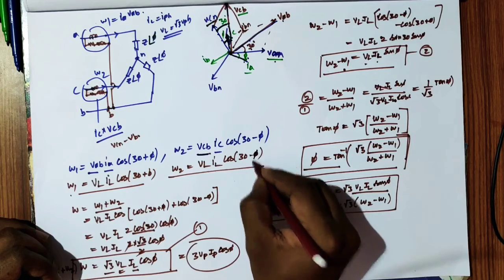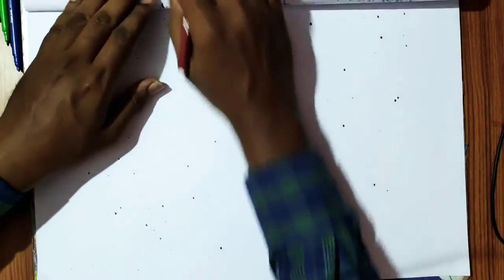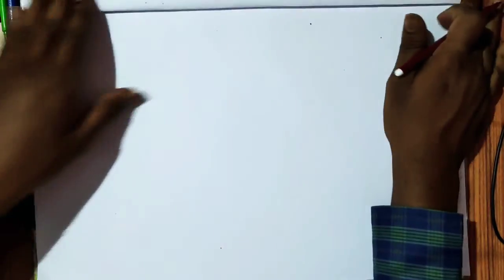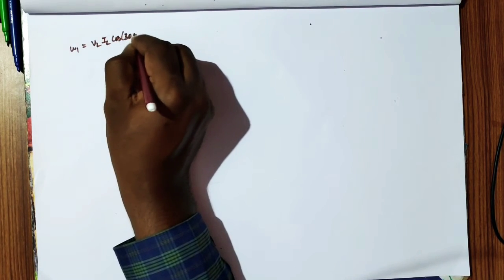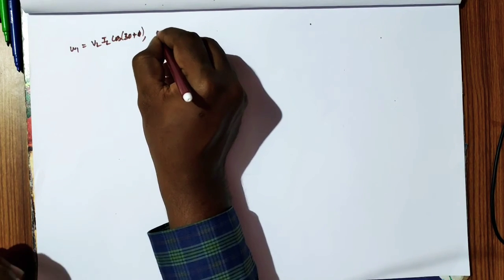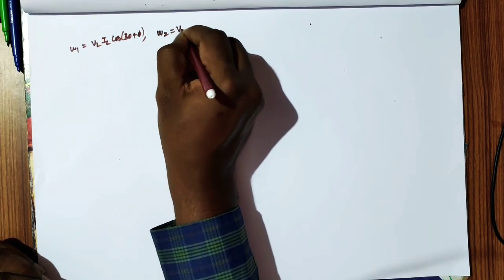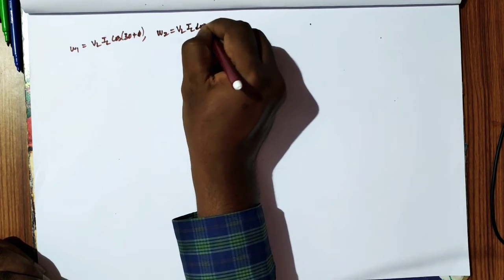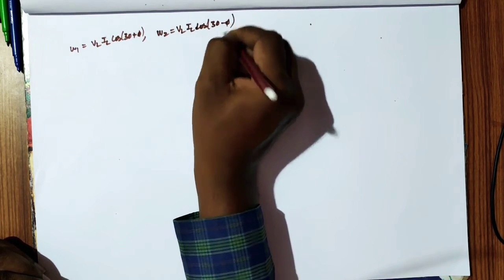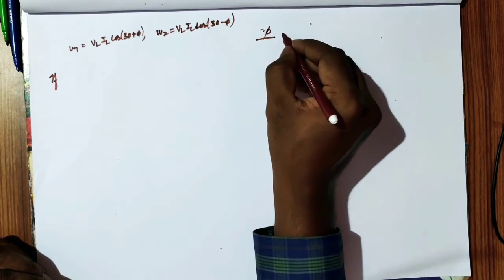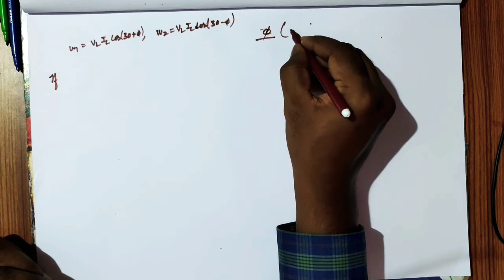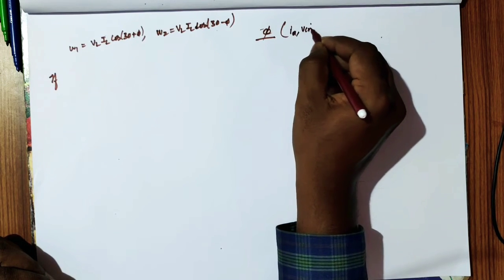Using this phase value, we'll see that now. What we know is W1 is measured as VL IL cos of 30 plus phi, and W2 is measured as VL IL cos of 30 minus phi. Phi is the phase angle between line current and phase voltage.